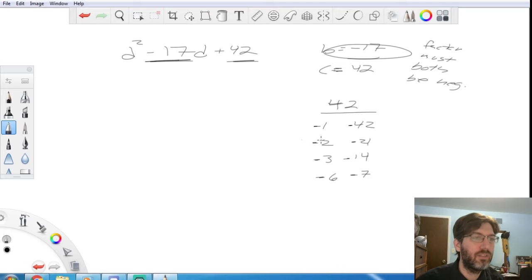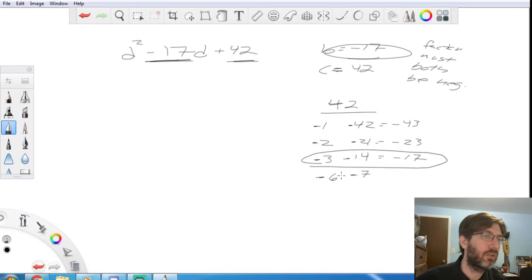So out of these being negative, we want to know which ones add up to negative 17. So negative 1 plus negative 42 gives you a negative 43. This will give you a negative, see, 21, 23. This will give you a negative 17, and hey, that's what we want.